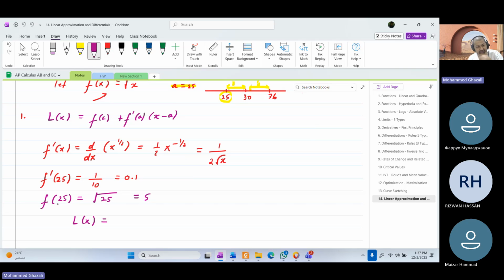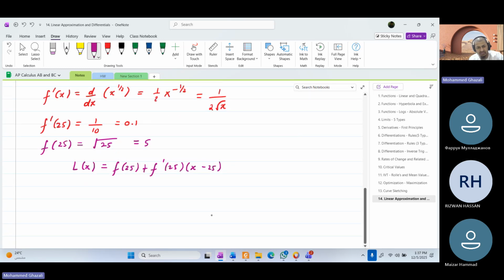F of 25, just 5 here. Plus f prime 25 times x minus 25. Now, I need to simplify this. F of 25 is 5 plus f prime 25 is 0.1, or you can say 1 over 10.